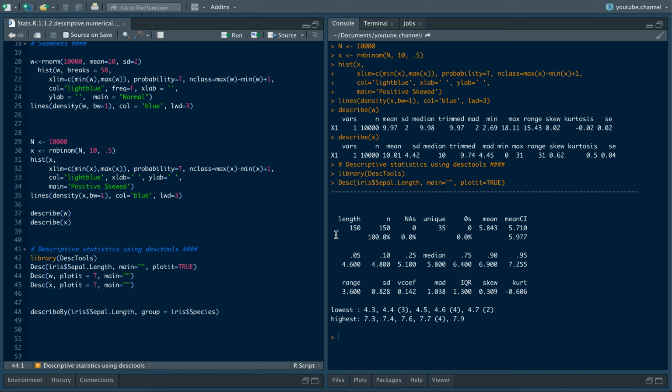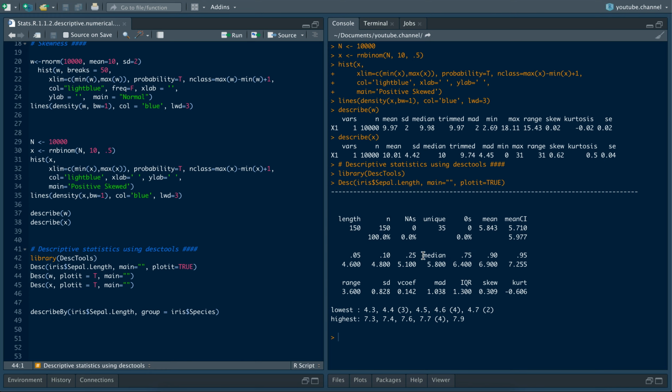We again have information about the length of your variables, the number of valid observations, the number of missing observations with their relative percentage, and then the number of unique values, as well as the mean and the mean confidence interval. And we'll have those which are basically quantiles.